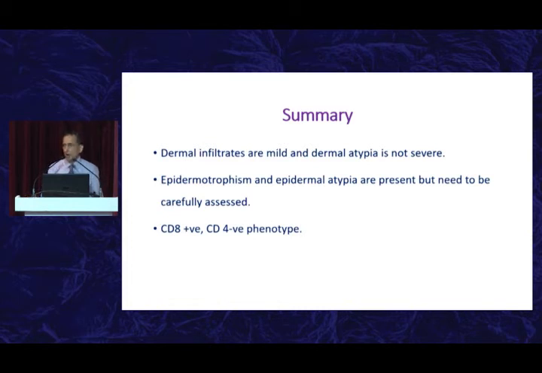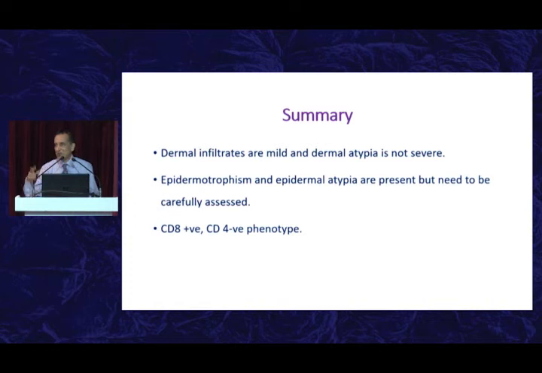Okay? So now the question is, hypopigmented mycosis fungoides, is it a different clinical entity from classical mycosis fungoides? We are talking about a disease which is commoner in a younger age group, markedly predominant in the female population, patch stage, mostly epidermal, hardly any dermal at all, to the point where you might even miss the diagnosis, and CD8 positive as opposed to CD4.